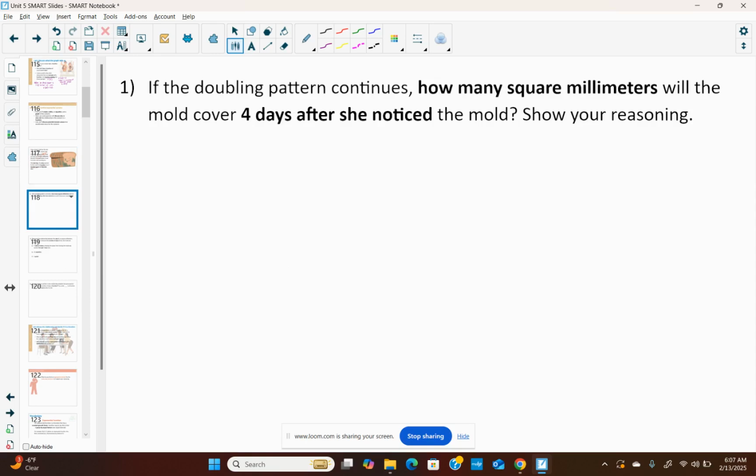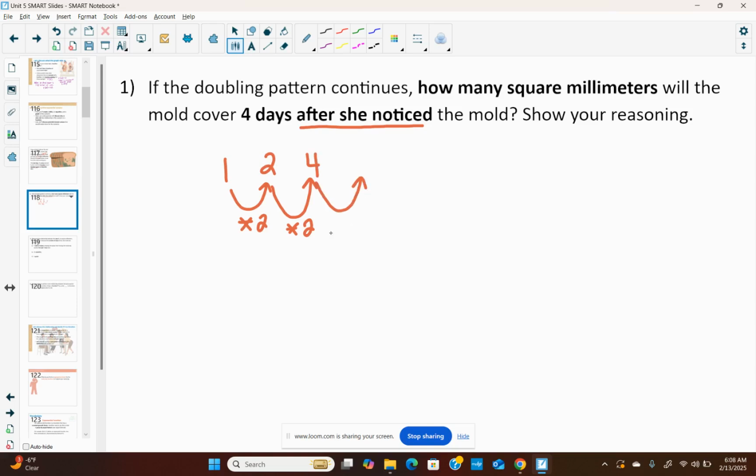All right, so number 1 said if the doubling pattern continues, how many square millimeters will cover the mold 4 days after she noticed, right? So the first day she noticed there was 1 square millimeter. Then this is going to double that first day after she noticed. So 1 times 2 is 2. Then the next day it's going to double again, and 2 times 2 is 4.